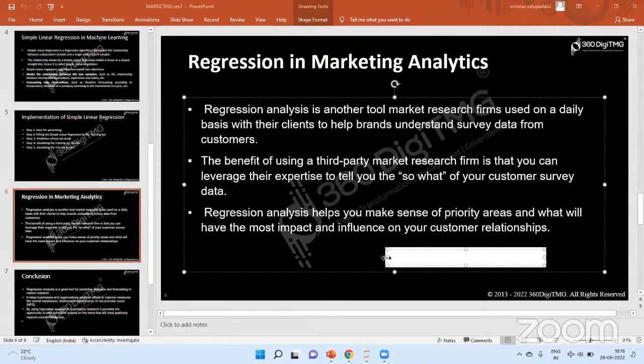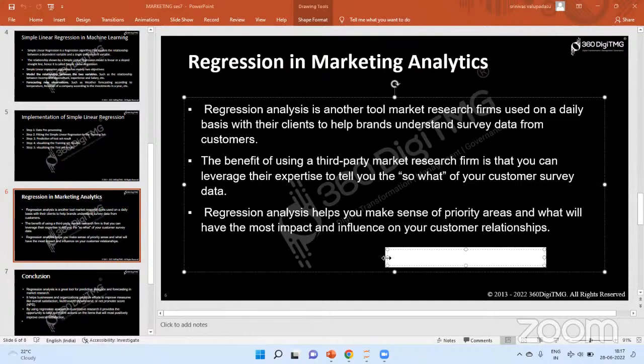Based on that, next month they can take a business decision: brand A is attracting people most, so let us invest more money in A. So we can forecast that next month people will purchase brand A items.